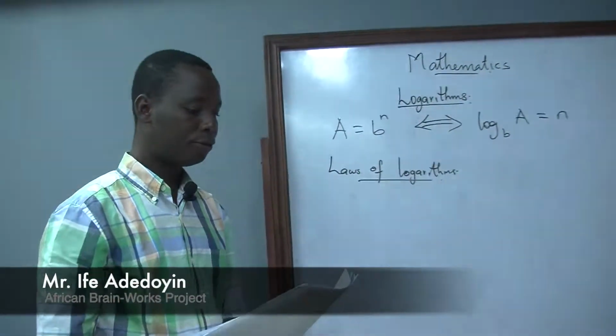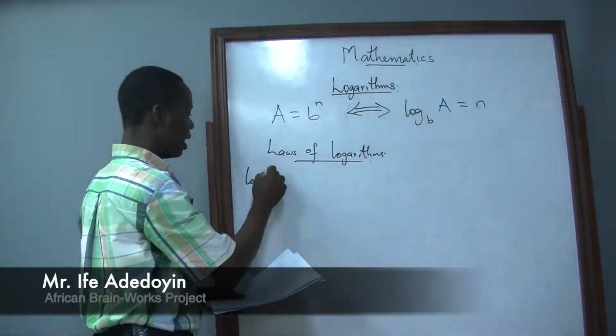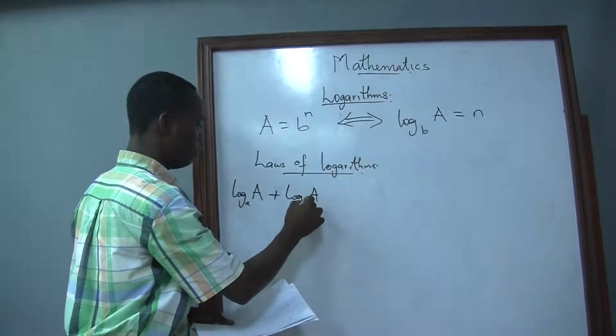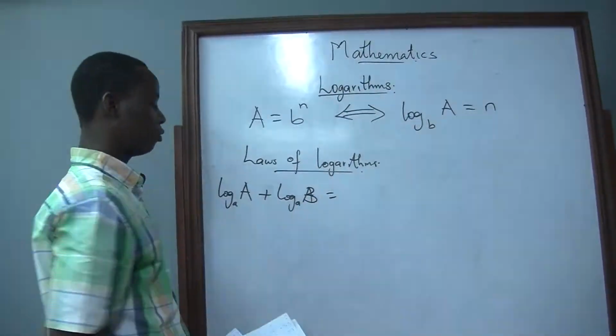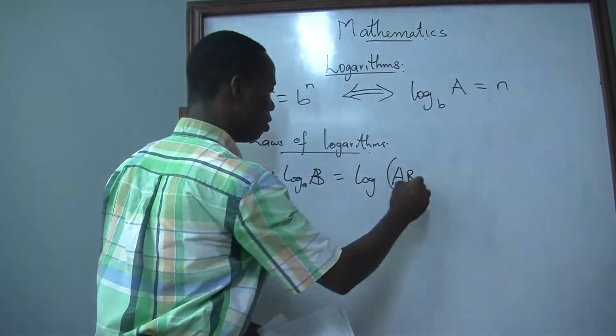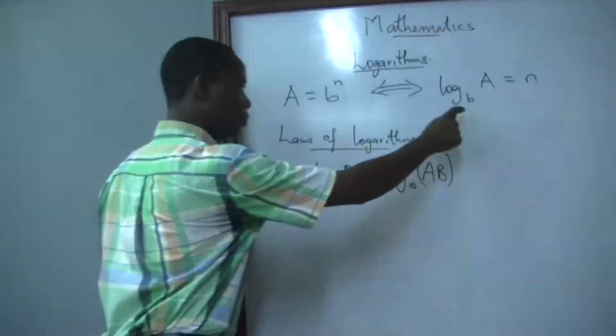If you look at the first law we have, which says log a in base a plus log b in base a, it says it equals log ab all in base a. Do not forget this relationship.